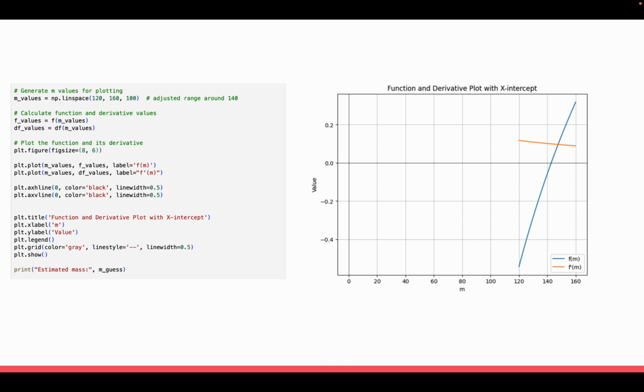The y-axis is going to be different output values for our function and the derivative from negative 0.6 to 0.4. We can see here that the blue line for our function crosses right over at 142, giving us our mass. We can see all the different inputs for the graph, etc. printed.